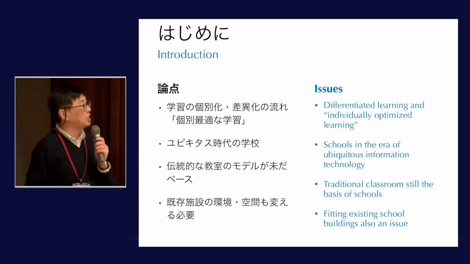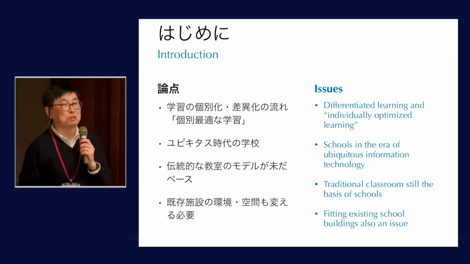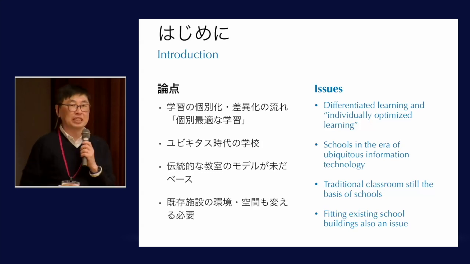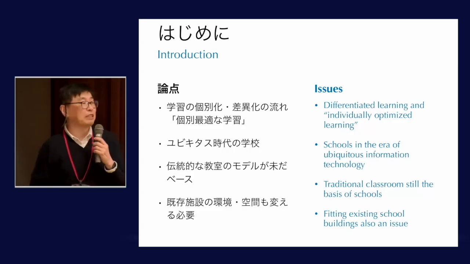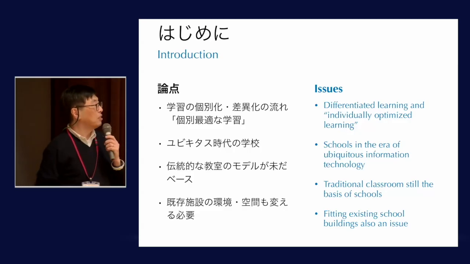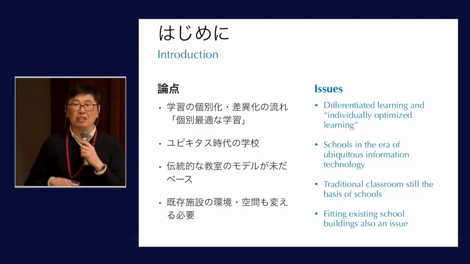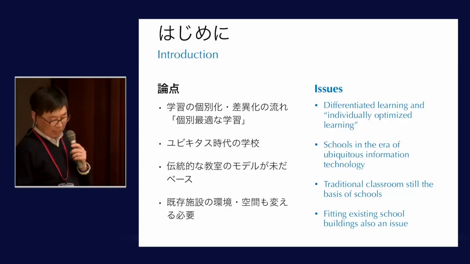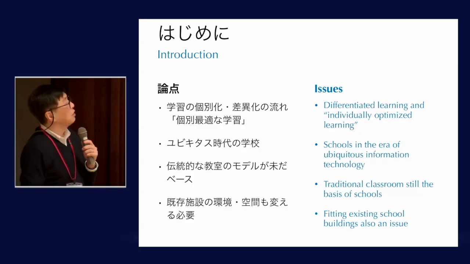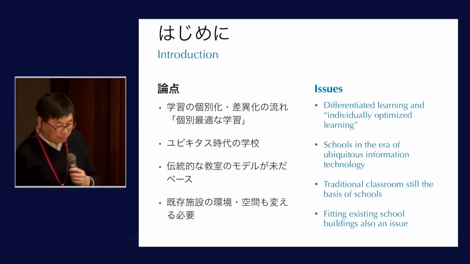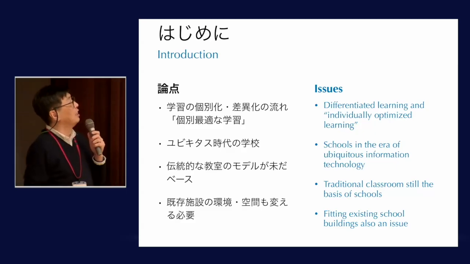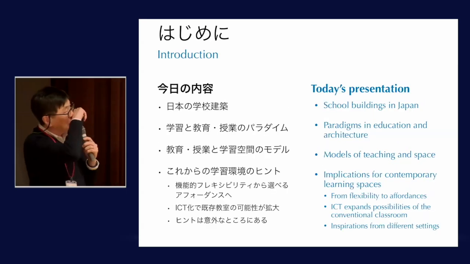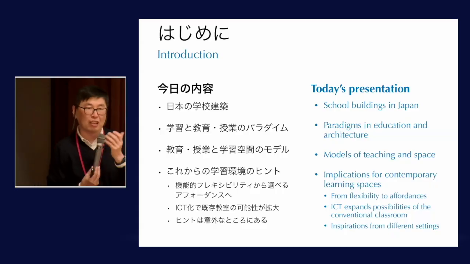However, the classroom is based on the Meiji era, and the replacement and renewal of facilities doesn't happen at one time. That is why even the old buildings and old facilities we need to continue to use. So today I want to talk about this point.